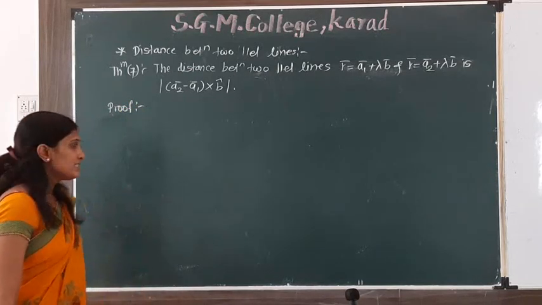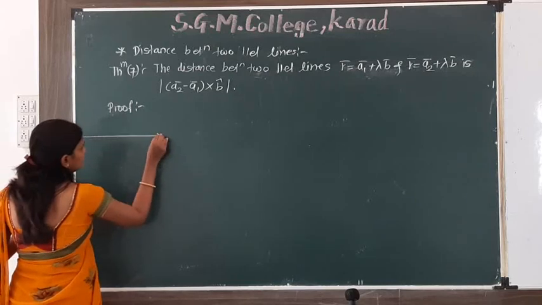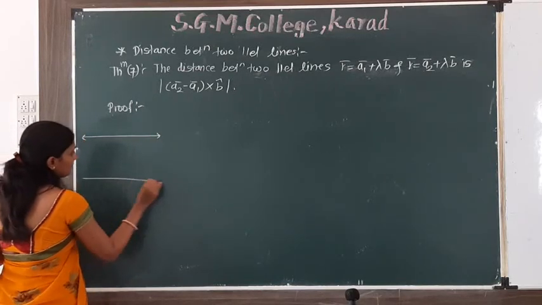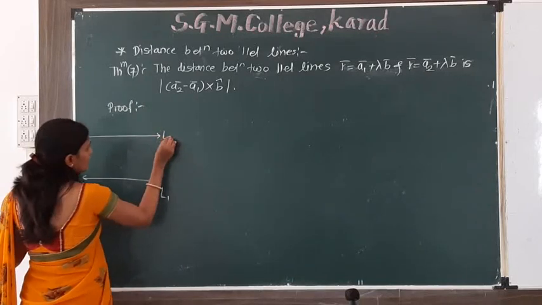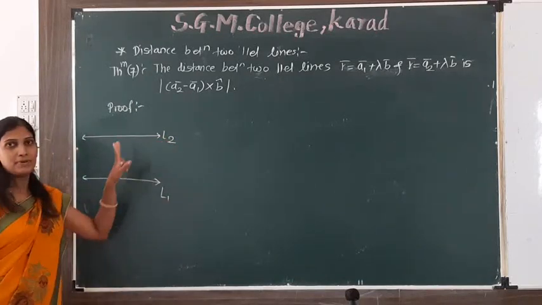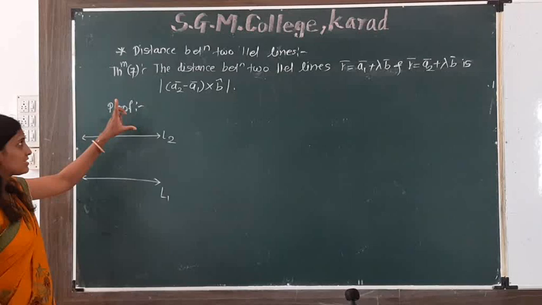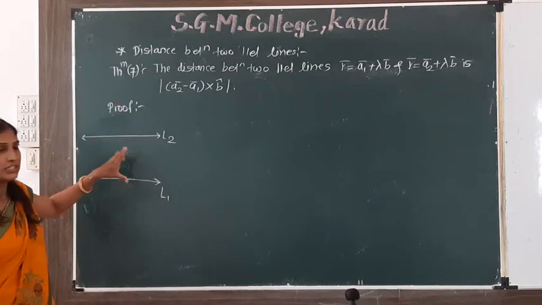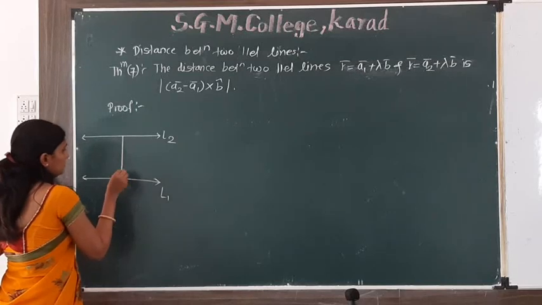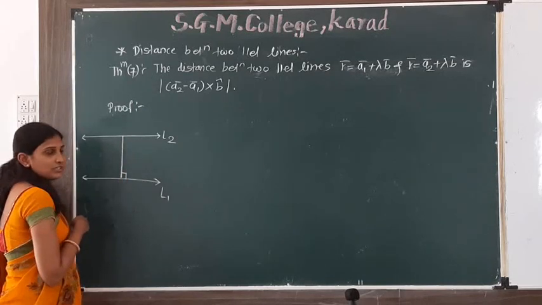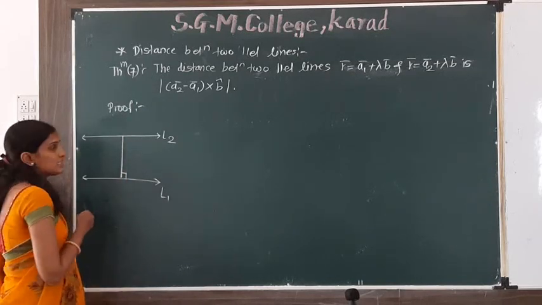Consider two parallel lines. Suppose this is line L1 and line L2. These two lines are parallel. For the distance, we have to draw a perpendicular to the two lines. This is the perpendicular to the two lines.